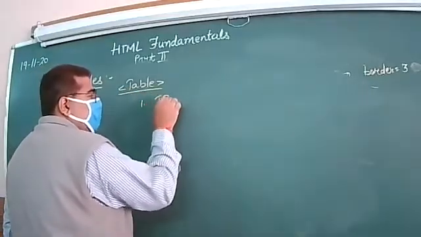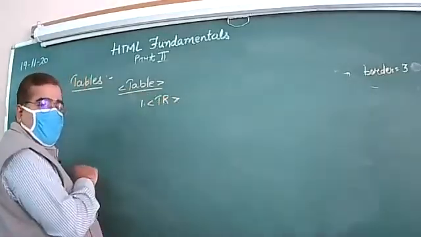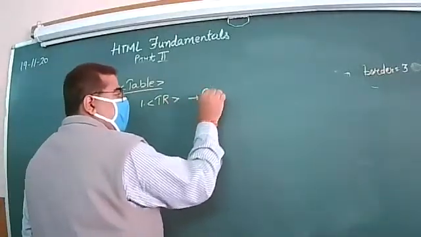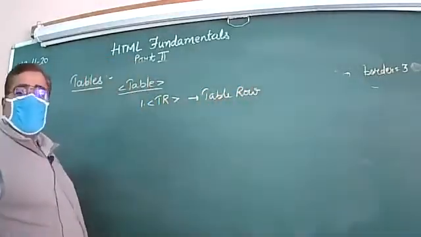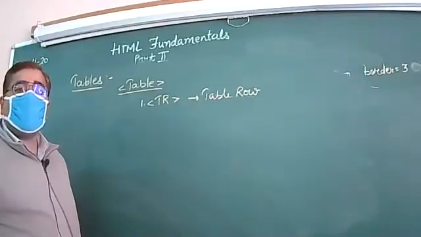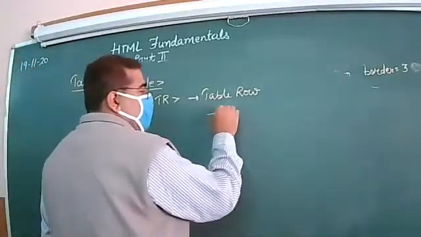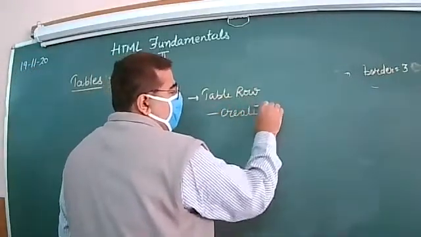First is TR. TR tag stands for table row. The role of the TR tag is to create a row. This tag is used to create a row in the table.